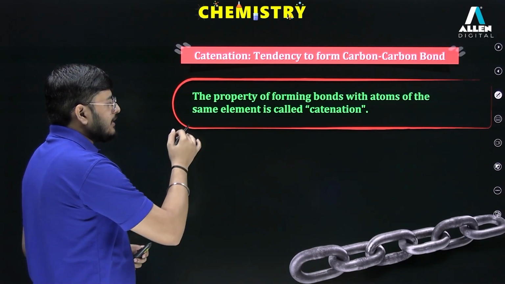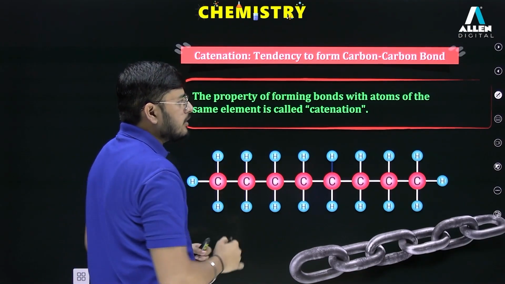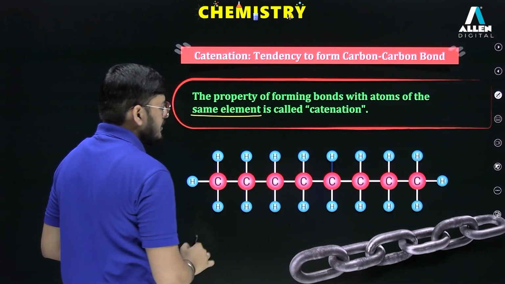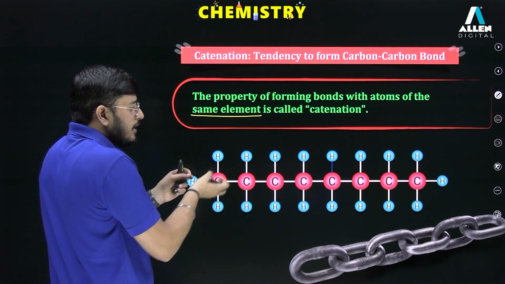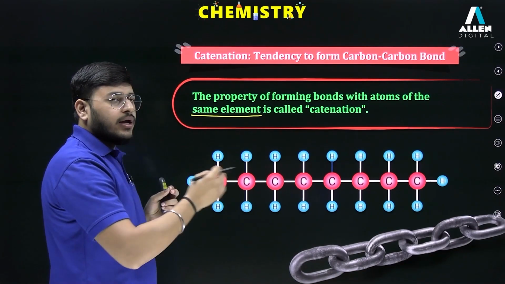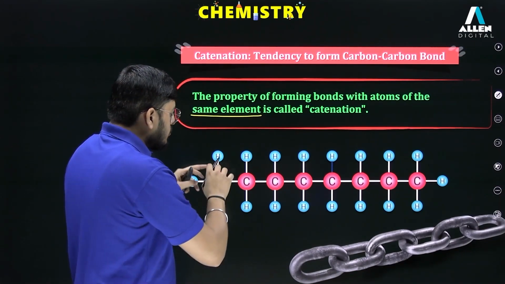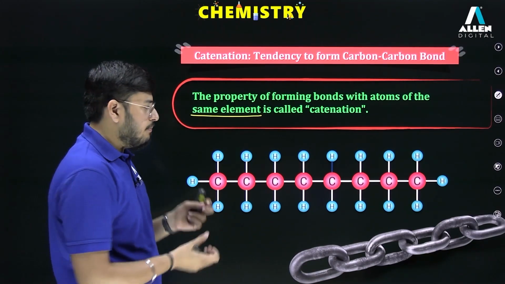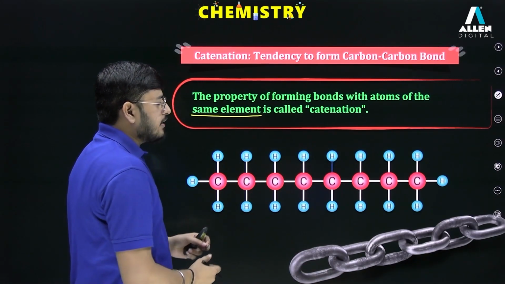First property, catenation, is the property of forming bonds with atoms of the same element. That means carbon has a tendency to combine with the same element, that is carbon, in numerous ways. So carbon combines and forms a complete chain. By combining, it can create a long chain.